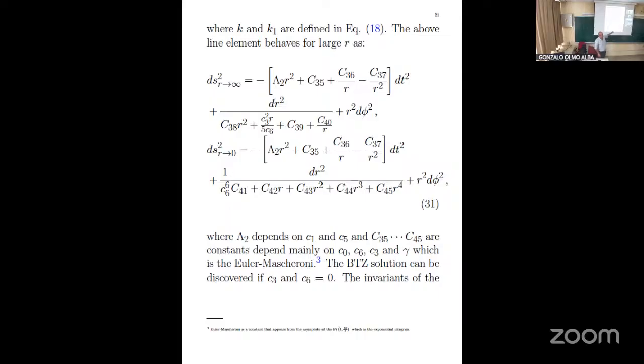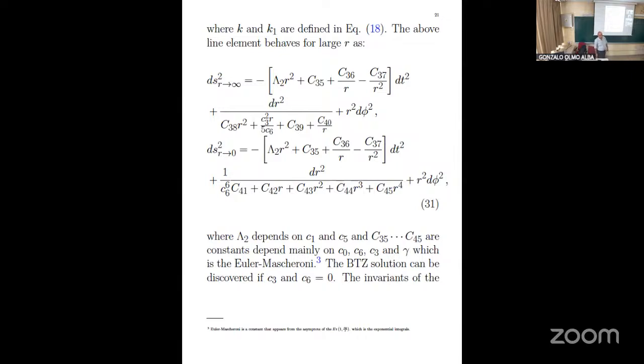The tricky thing is that I reduced the system from fourth order to third order. If I put the field equations as they are, it will not be easy to solve the system.